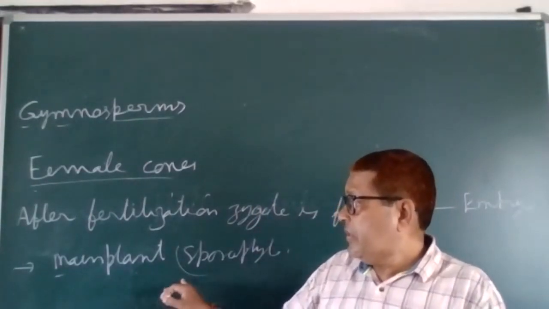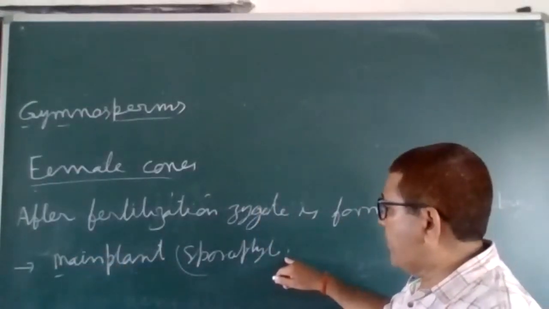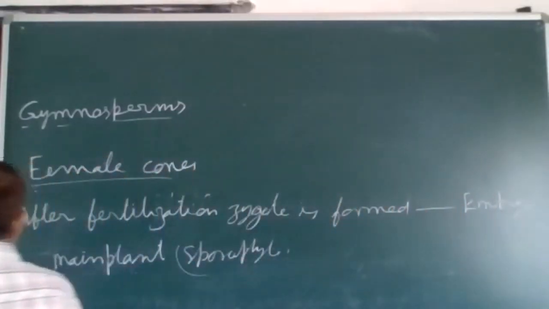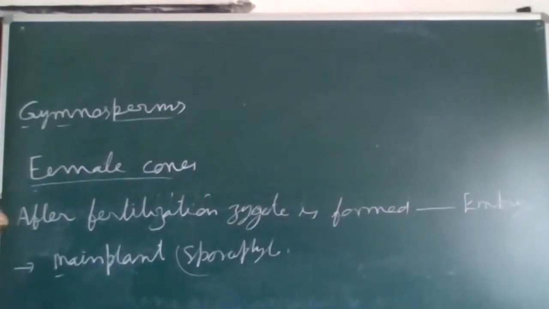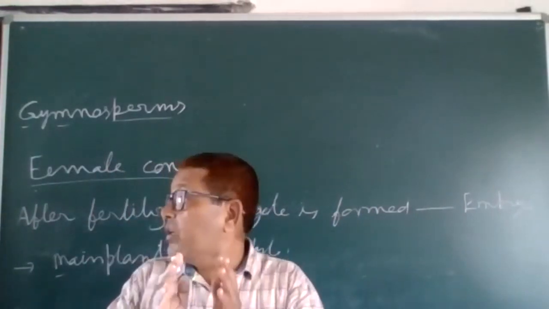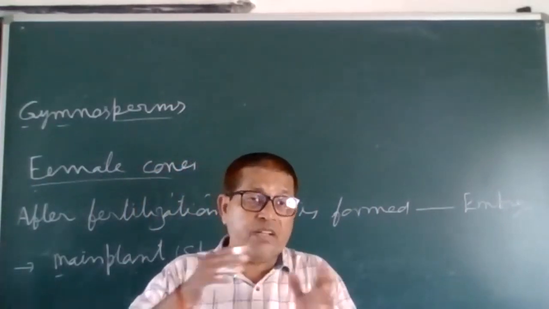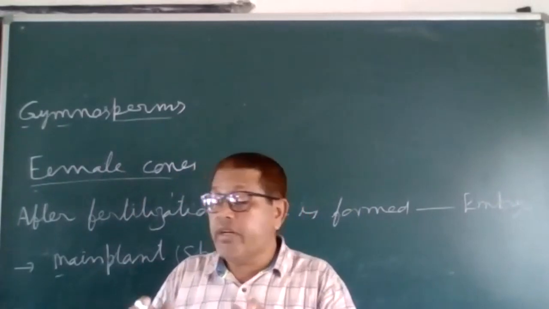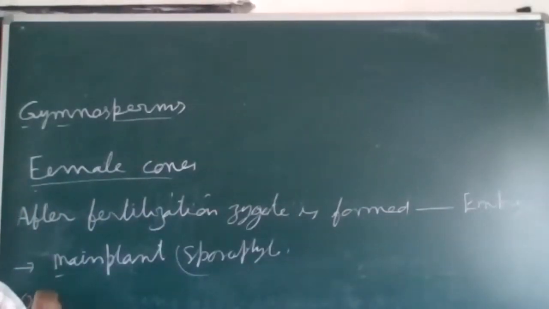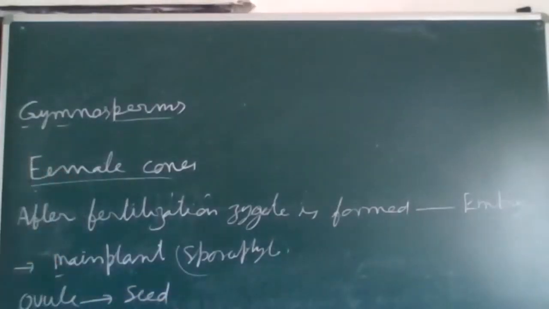So this develops into the main plant, which is the sporophyte. All this process takes place within the ovule, and after fertilization, the ovule is converted into the seed.